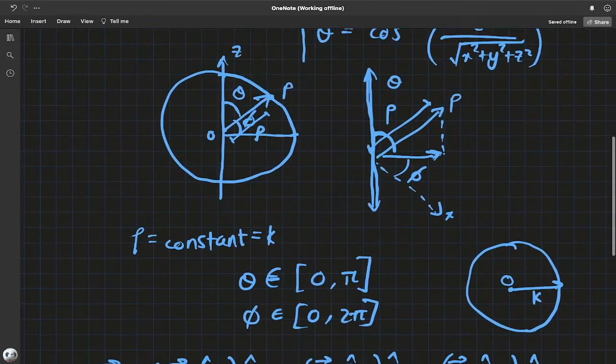So e rho hat is in the changing rho direction. Phi hat is in the changing phi direction. At that point, as I said, it's point specific. And then this guy will be, I think, sort of like this, the theta hat, in the direction of the changing theta.